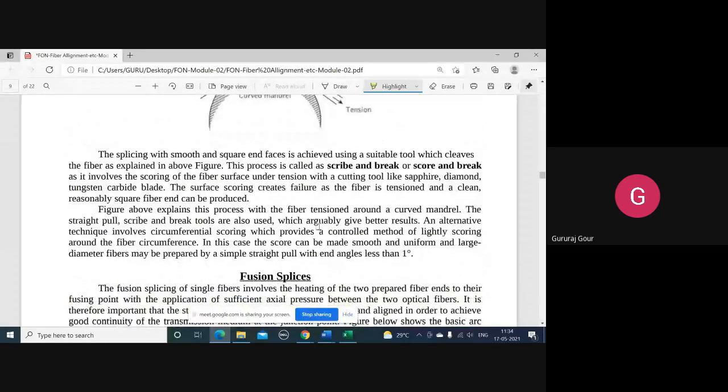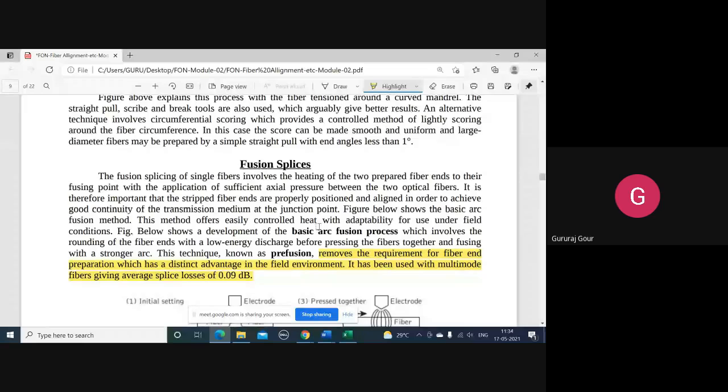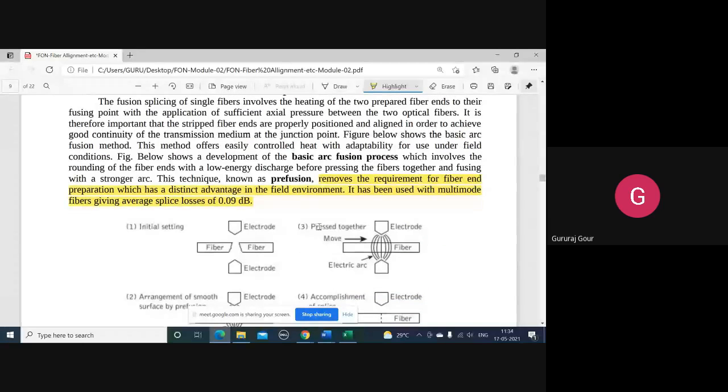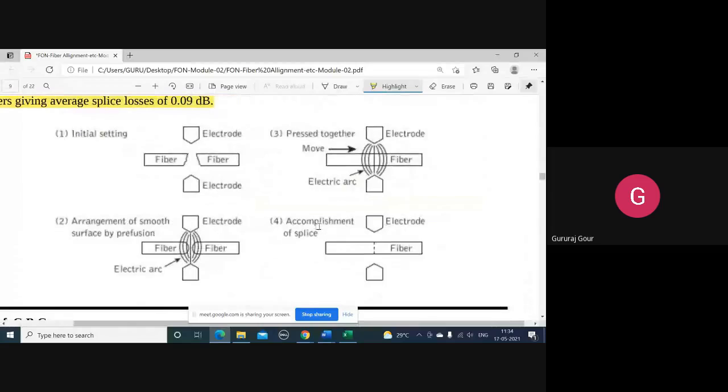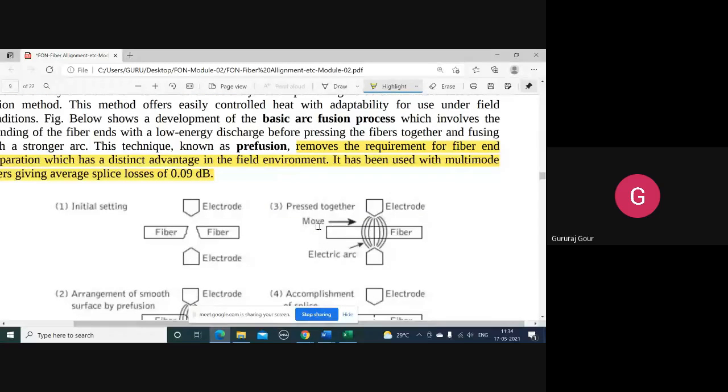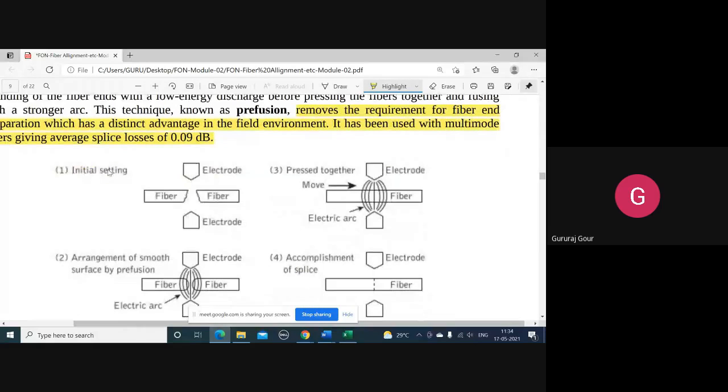Accordingly, we have two types under fiber splices: fusion splices and mechanical splices. As is clear in this figure, the basic arc fusion process is the name of the process they are using. In the first step, in the initial setting, the two ends of the fiber that we want to join are brought closer to each other, with an electric arc produced by electrodes as shown in the figure.